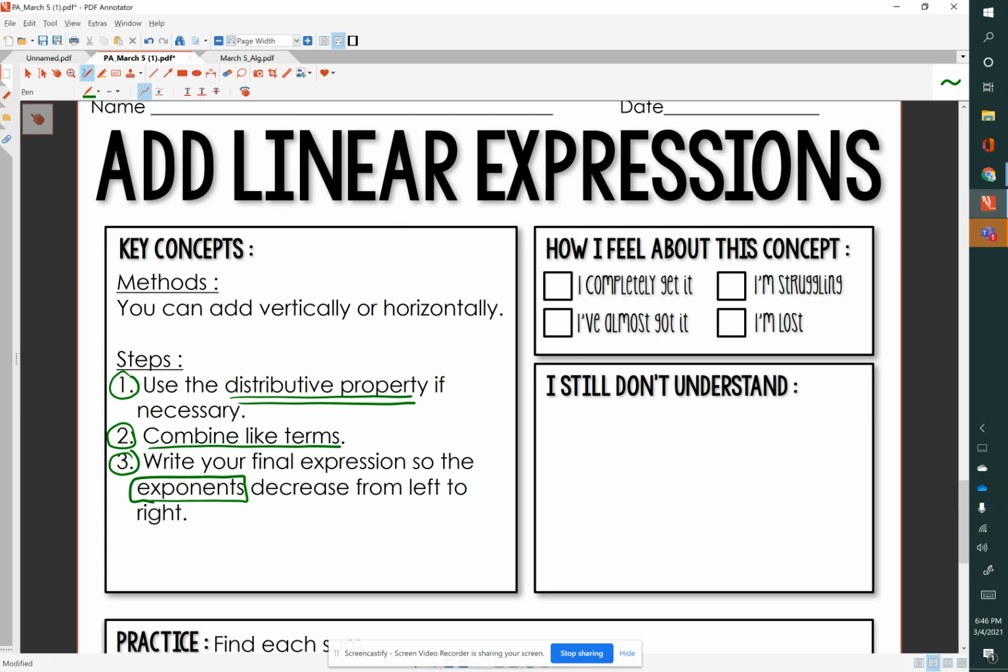So if you have an exponent of x to the 4th and x to the 5th, and you have x without an exponent, which is an invisible one, you would write them in this order, with the largest exponent decreasing to the smallest exponent.